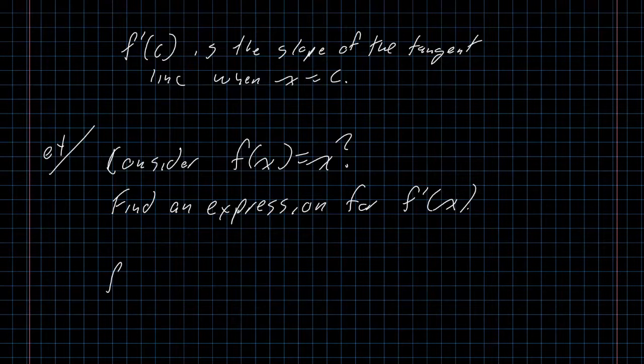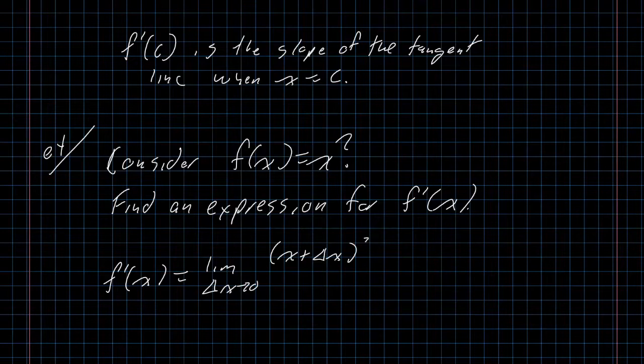So f prime of x is the limit as delta x goes to 0 of f of x plus delta x, and we're looking at the squaring function, so that's x plus delta x, the whole thing squared, minus f of x, that's x squared, all over delta x.